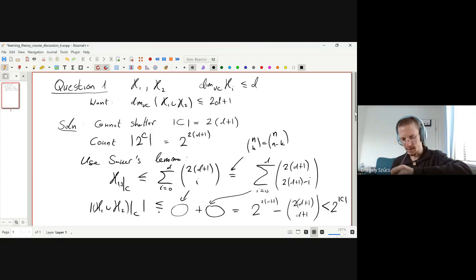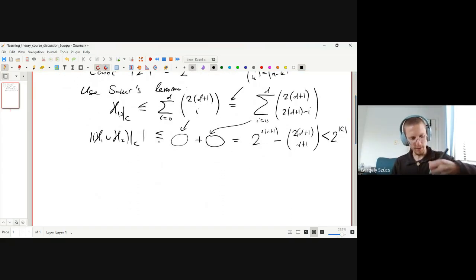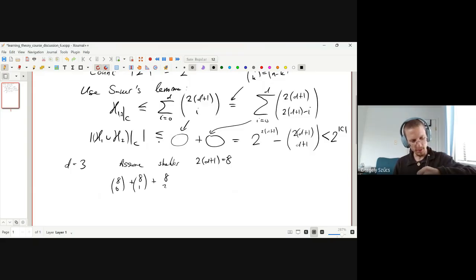I guess maybe I can just write down one specific example, because in the abstract it's a little obscure. Let's say D is equal to 3, and then if we assume we can shatter a set of size 2 times D plus 2, which is 8. Then what we get by Sauer's lemma is 8 choose 0 plus 8 choose 1 plus 8 choose 2 plus 8 choose 3.